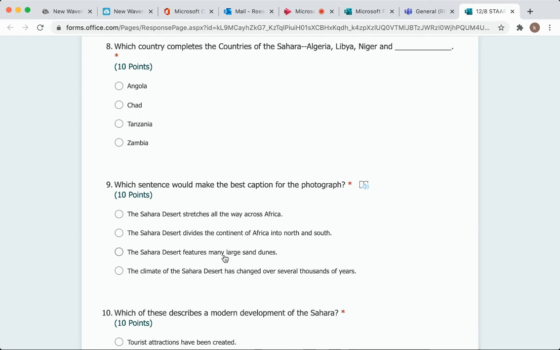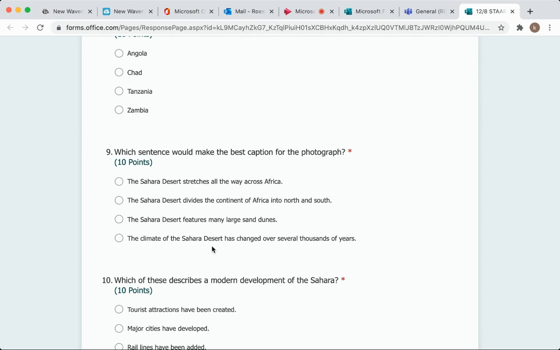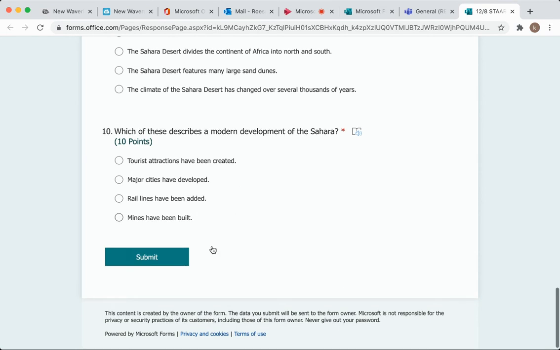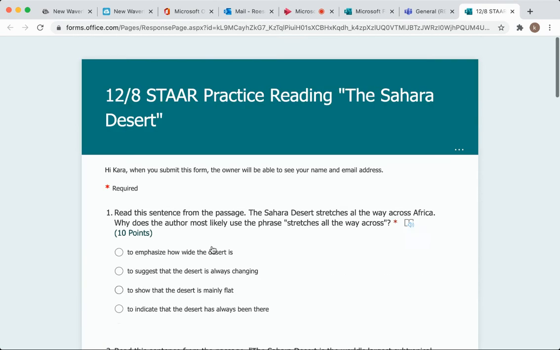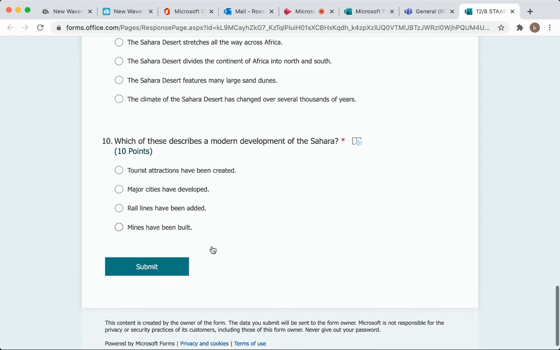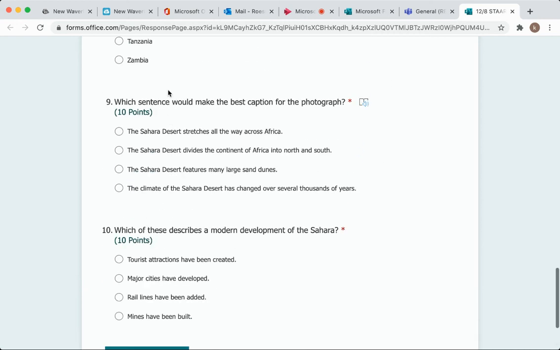The one asked about the photograph that's on the page, and how stretched out it is of the desert. I know these are hard to see on here. I'm working on tweaking it to see if we can get it better, but this is what we have for now. So when you get your 10 questions, hit submit and turn it in.